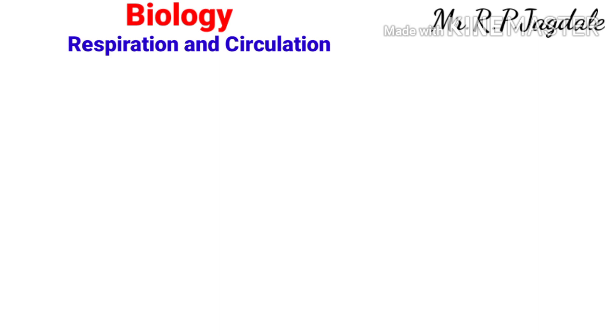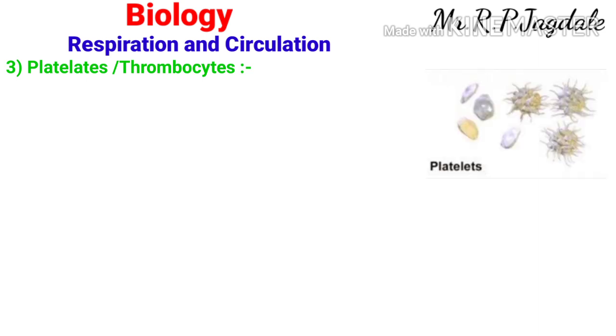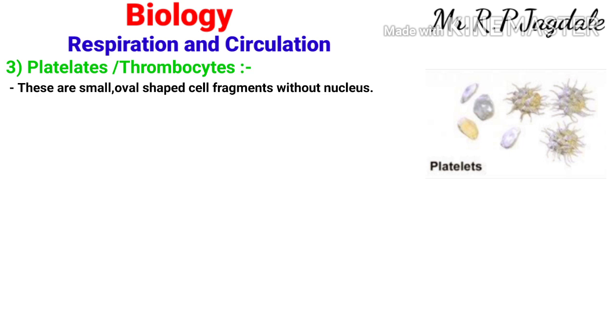Coming to the third element of the blood, that is called platelets, or we can also call them thrombocytes. Thrombocytes or platelets are small oval shaped cell fragments without a nucleus. Here also the nucleus is absent.